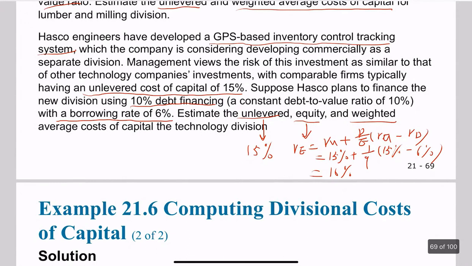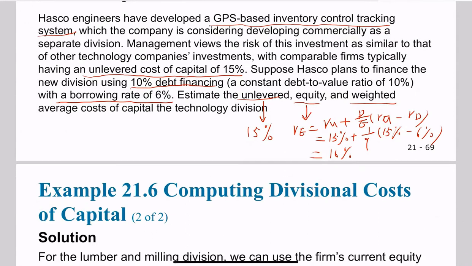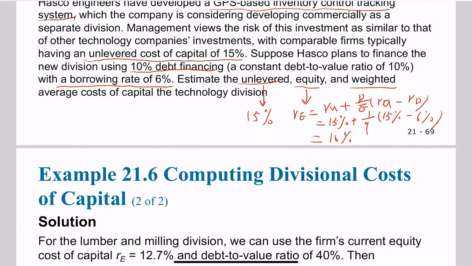And now the weighted average cost of capital, right? So WACC would be RU minus D divided by E plus D times corporate tax rate times the debt cost of capital. And then this would be, so what is RU here?